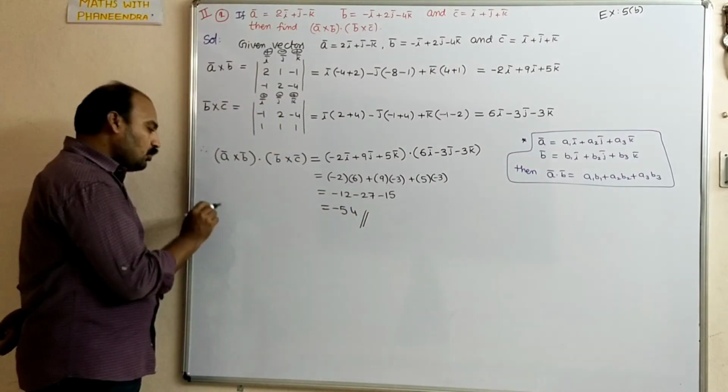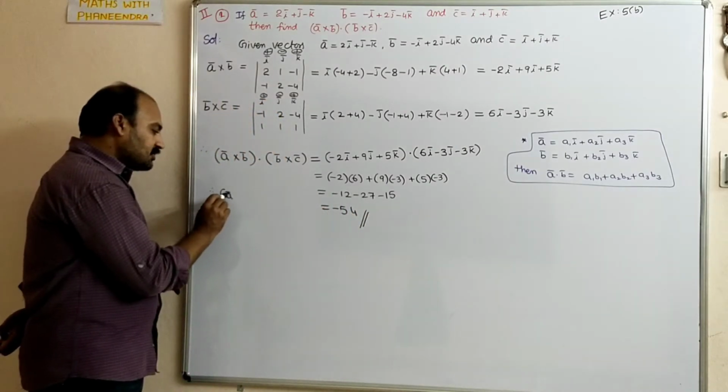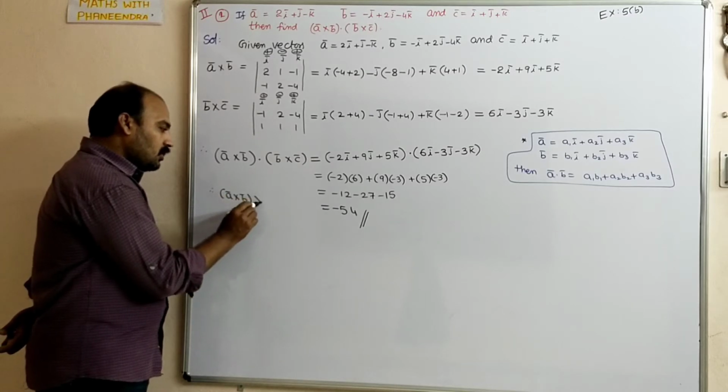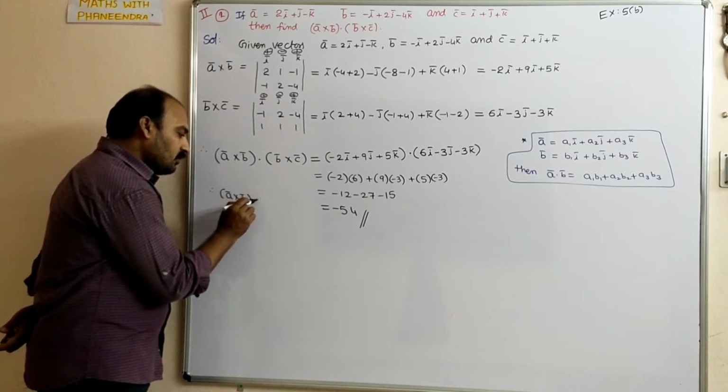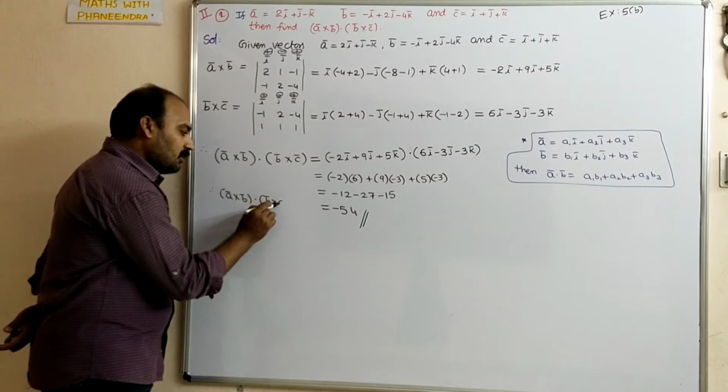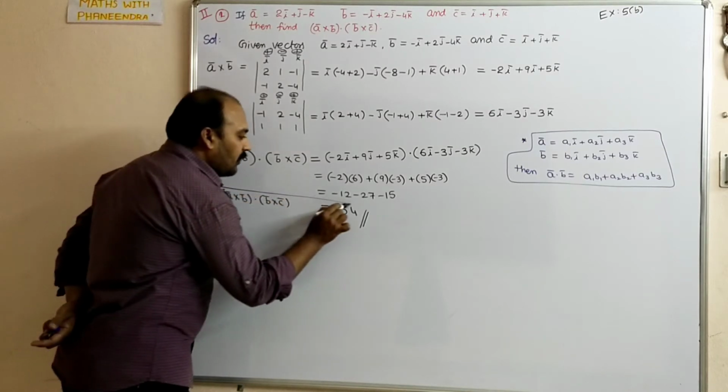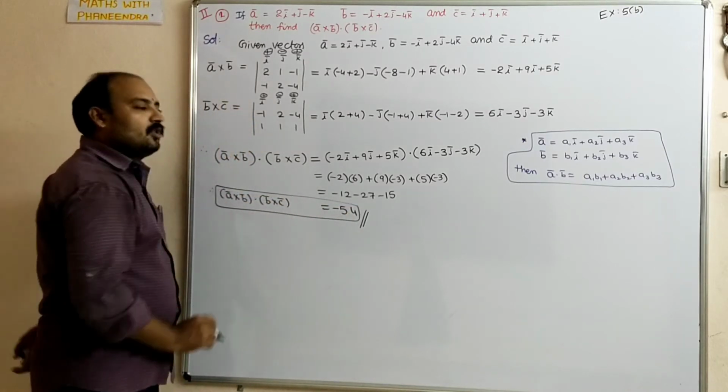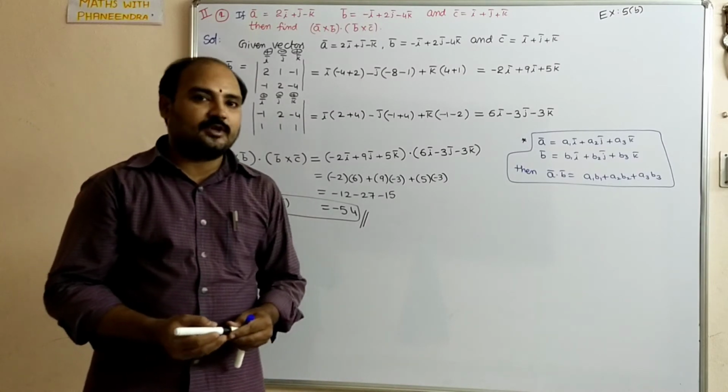Therefore, the value of A bar cross B bar dot B bar cross C bar is equal to minus 54. We will move to the next question now.